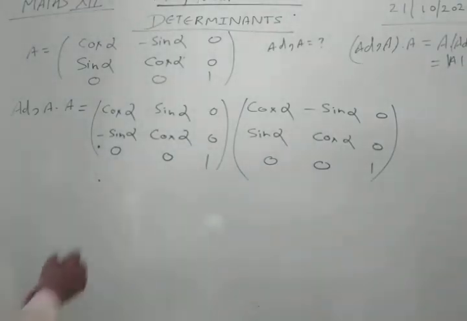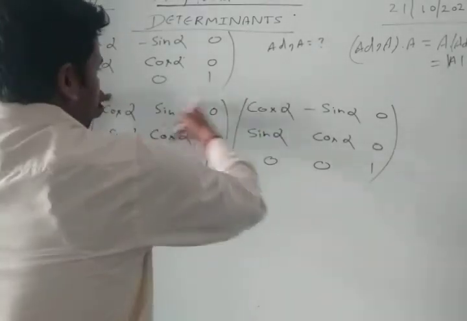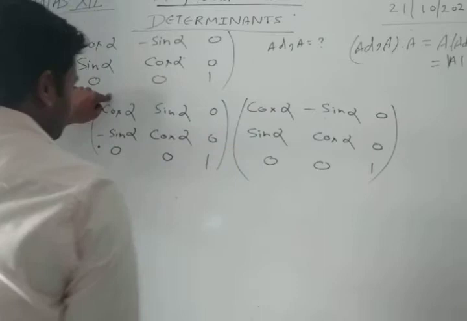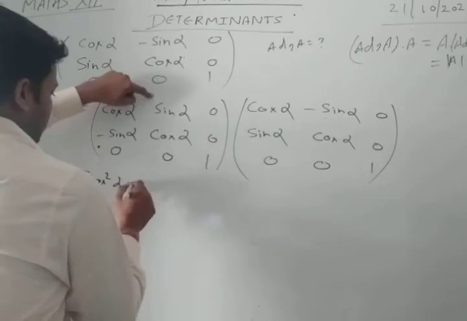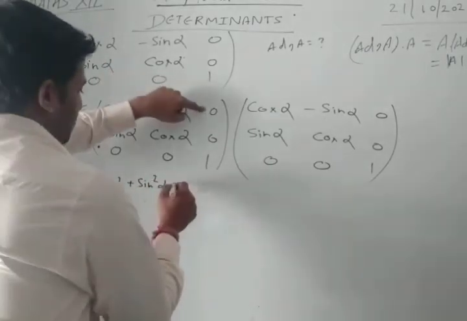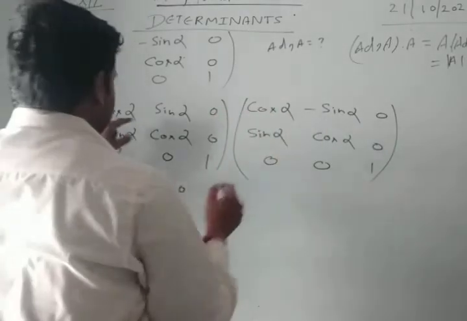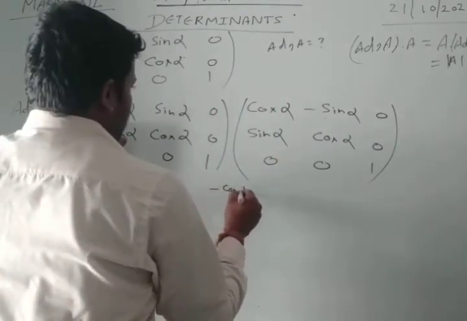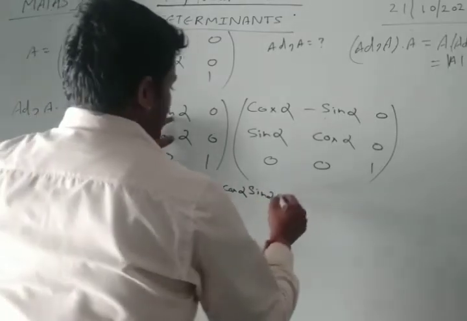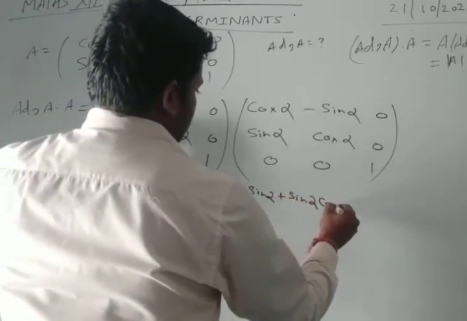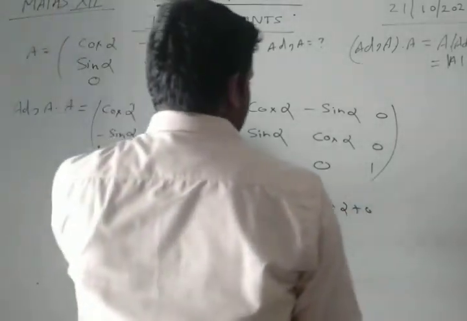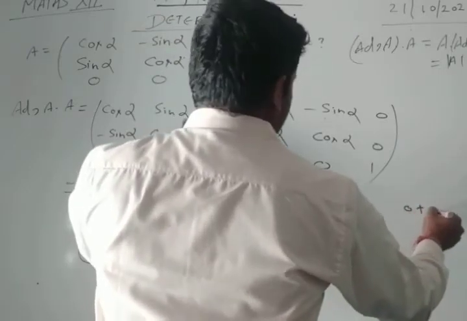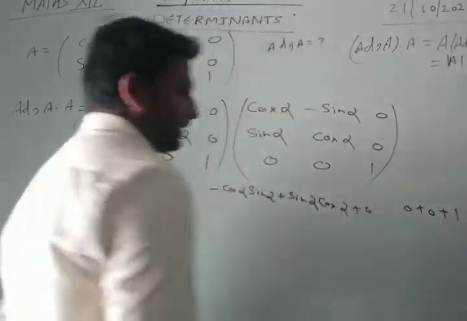Now we multiply both, what do we get? We use first row, first column, first row, second column, first row, third column. So we write cos square alpha plus sin square alpha plus 0, again minus cos alpha sin alpha plus sin alpha cos alpha plus 0, and the third is 0 plus 0 plus 0.